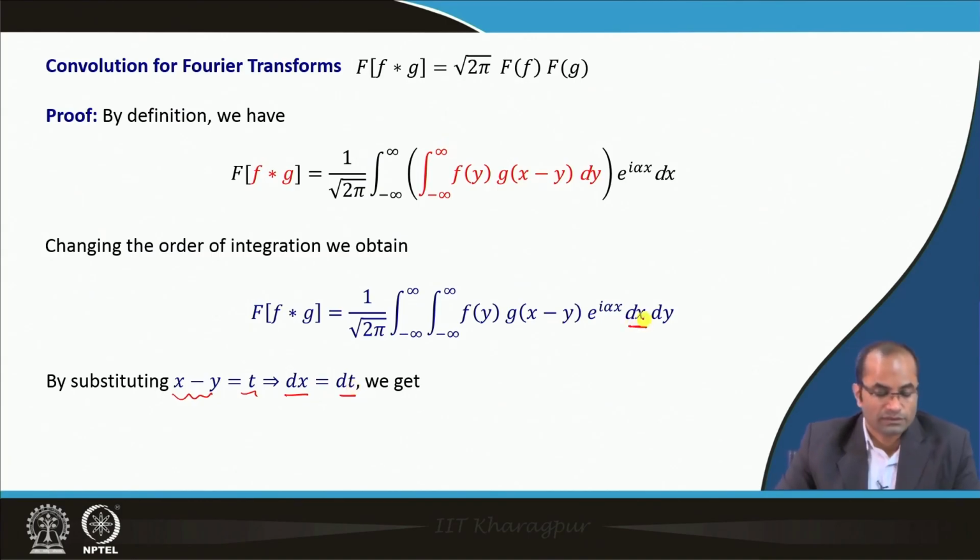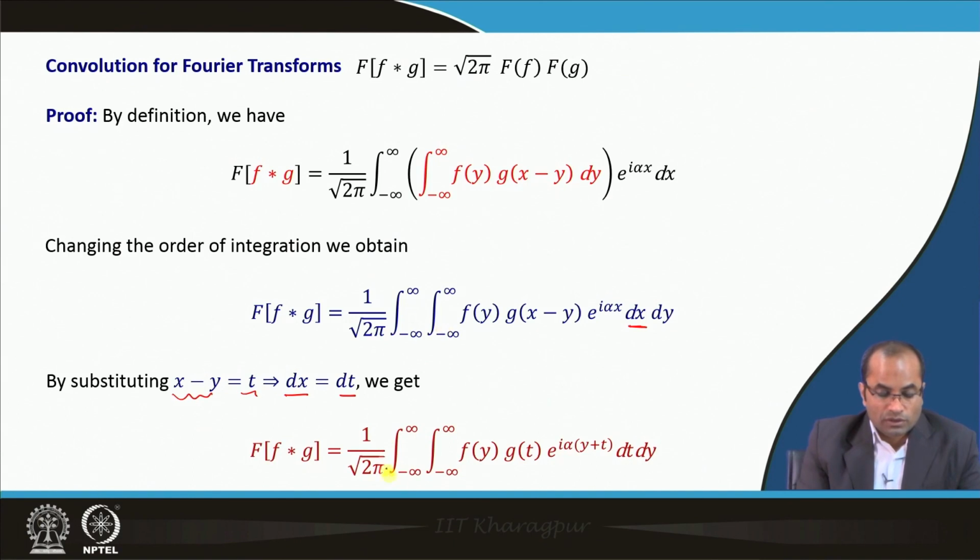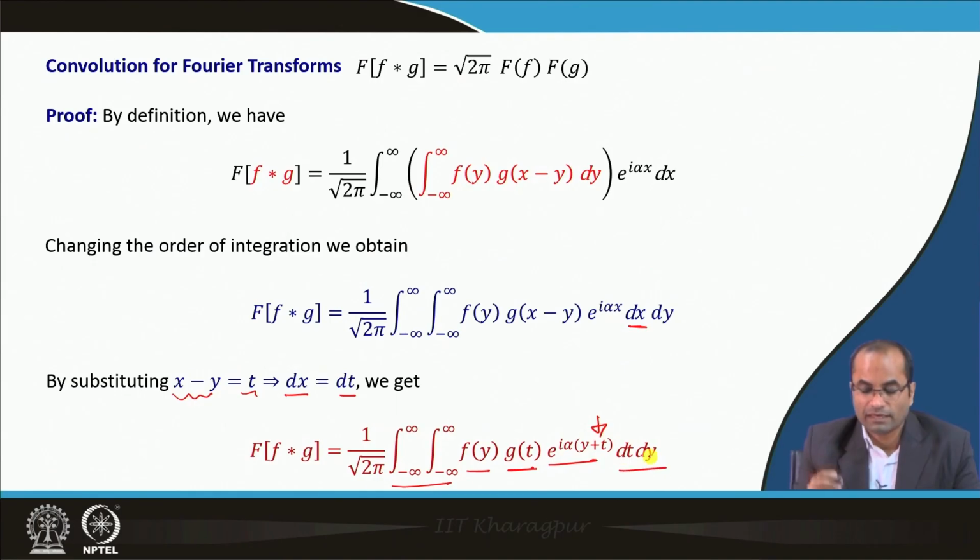The limits, minus infinity to plus infinity, will not change. So we have f(y), g(t), e to the power i alpha, and x is replaced with y plus t, then dt and dy.